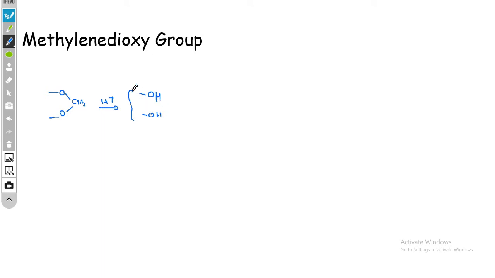The remaining portion of the alkaloid will be here and here. Then we get formaldehyde as a byproduct. The formaldehyde so produced is converted to a dimedone derivative, which is estimated gravimetrically, giving information about the number of methylene dioxy groups.